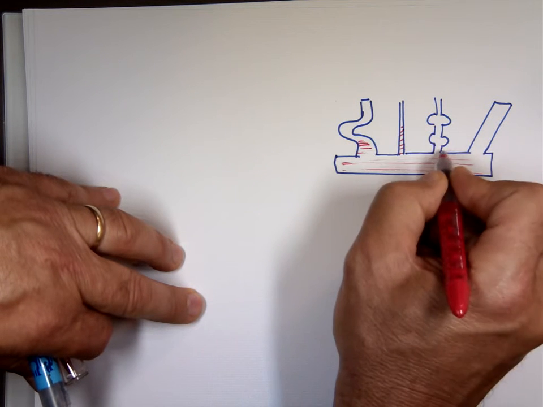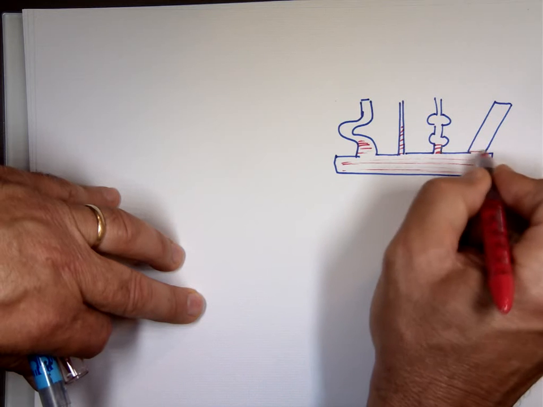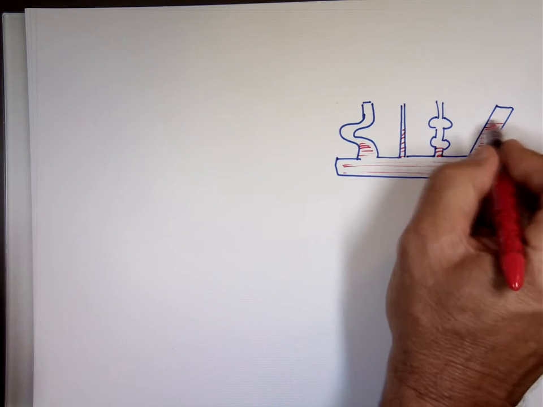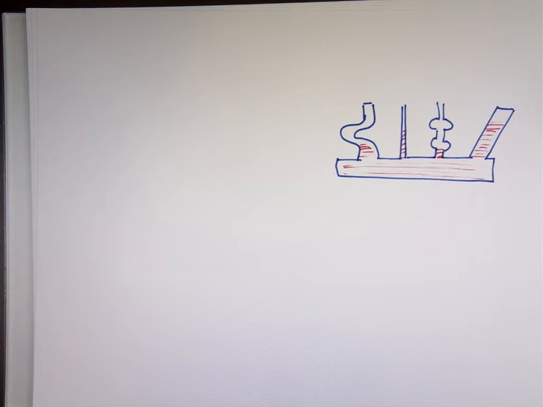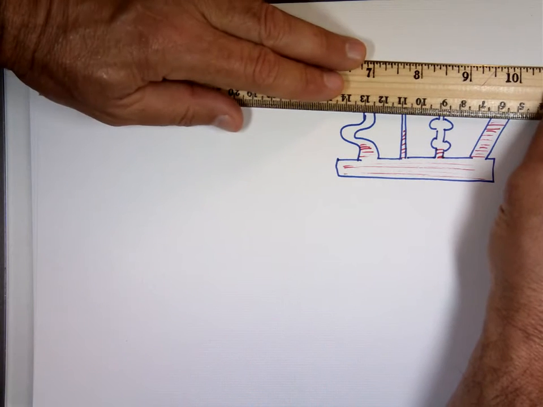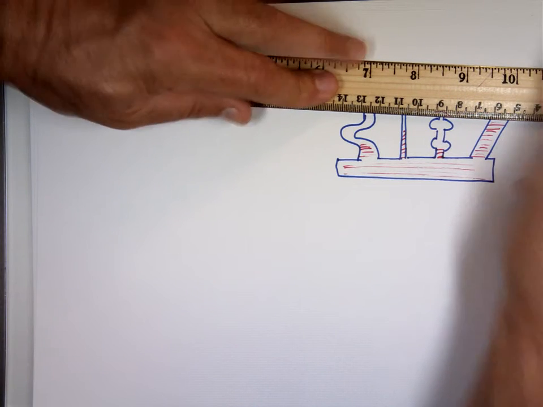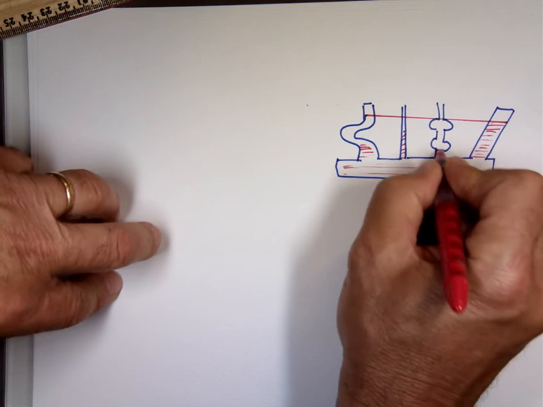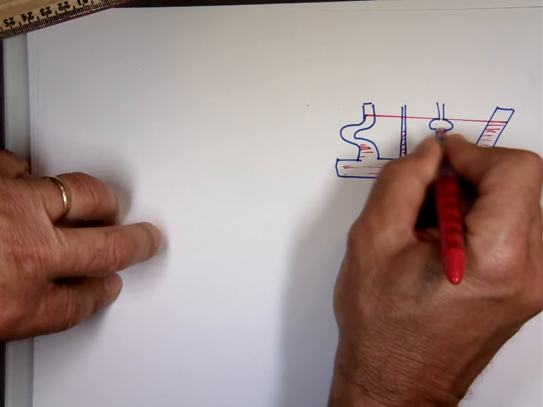Could the picture look like this? The answer is no. Why? They're all going to reach the same height. So you draw the line at that height, and if you look at all of them, the height of the water or the blood, whatever you use in there, will be at the same level.